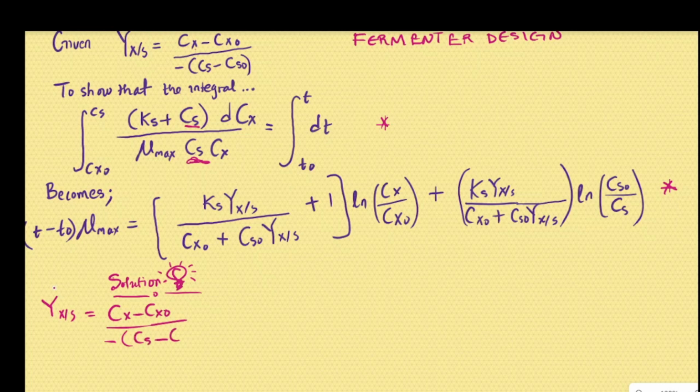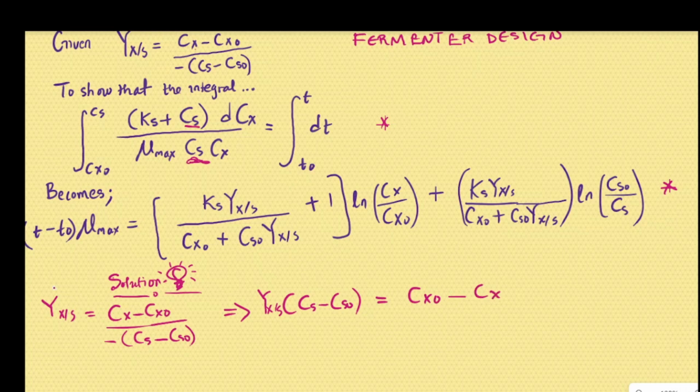So making it the subject of the formula, you agree with me that I can just say Yx/s then into (Cs − Cs0) is equal to Cx0 − Cx.